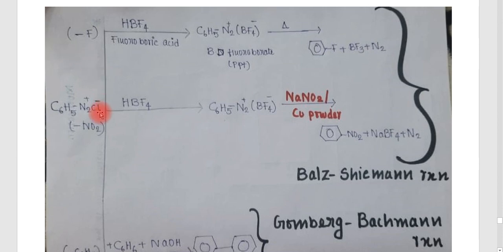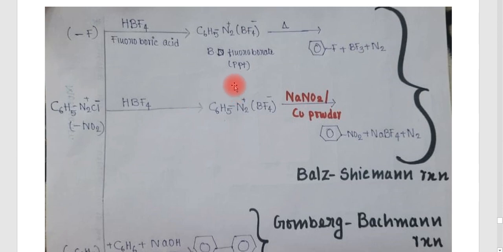The aqueous benzene diazonium chloride solution is treated with fluoroboric acid, that is HBF4. You get a precipitate, benzene diazonium fluoroborate, having the formula C6H5N2 plus BF4 minus, and it is more stable than benzene diazonium chloride.